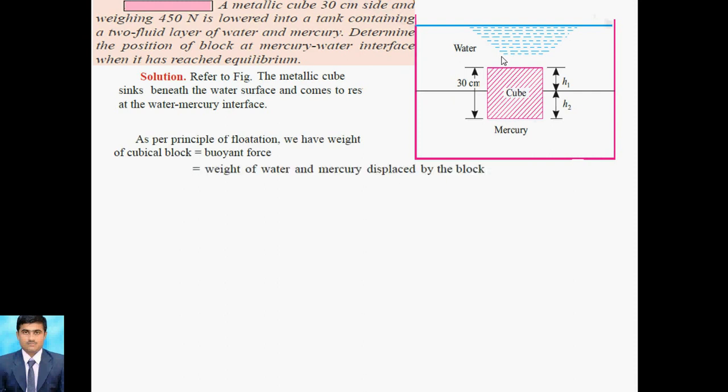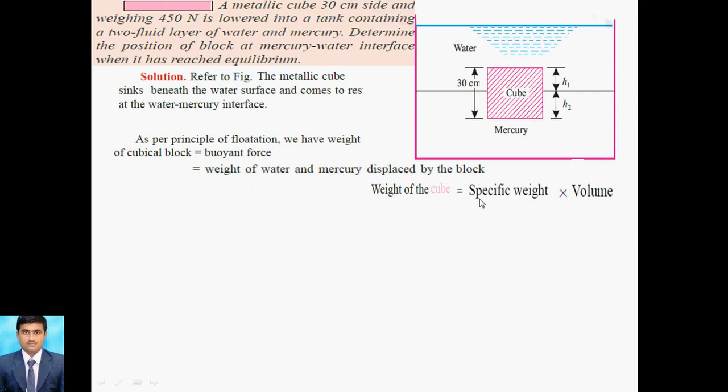As per the principle of flotation, the weight of the cubical block is equal to the buoyant force. So what is the weight of the block? Specific weight into volume, since specific weight is equal to weight upon volume. As per our requirement, we can write the weight of water and mercury displaced by the block.